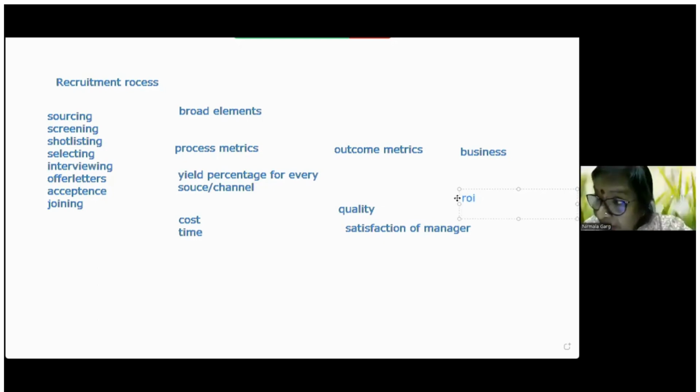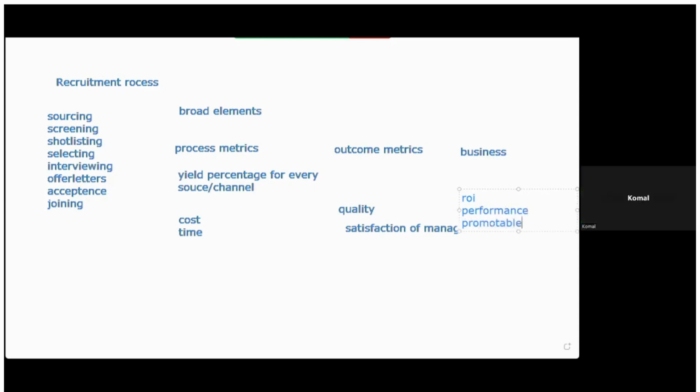Because cost is of a lot of importance, right? The right kind of candidate so that the hiring manager is happy with the performance. Performance also matters. Or is this person promotable? Because you have hired, but this person has no potential, nothing. What's the point?